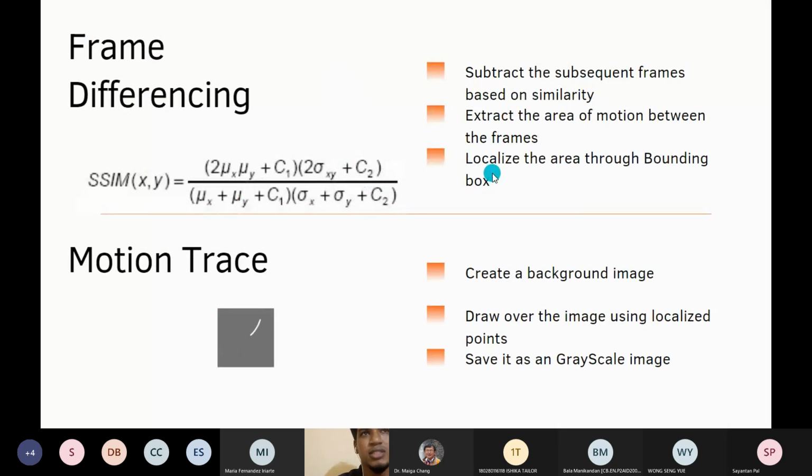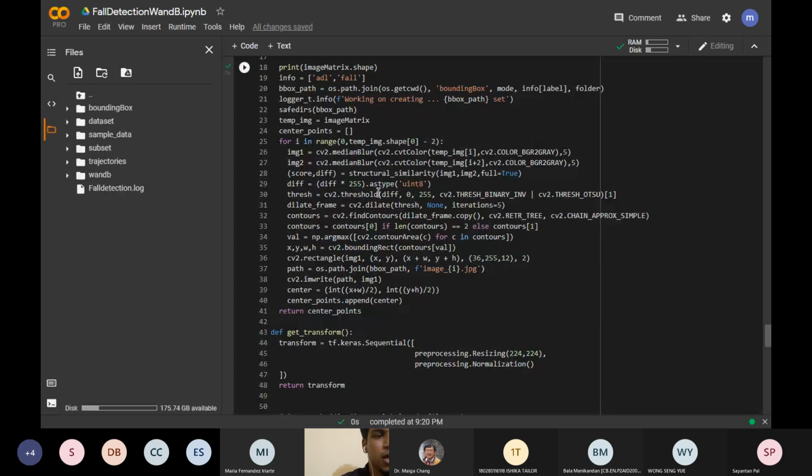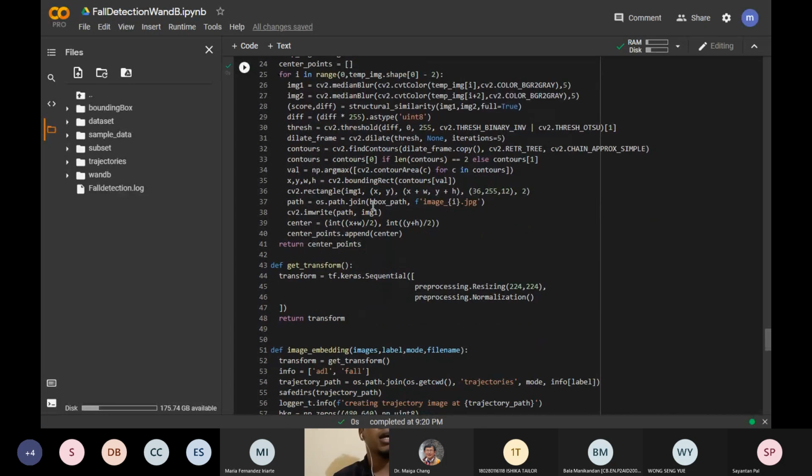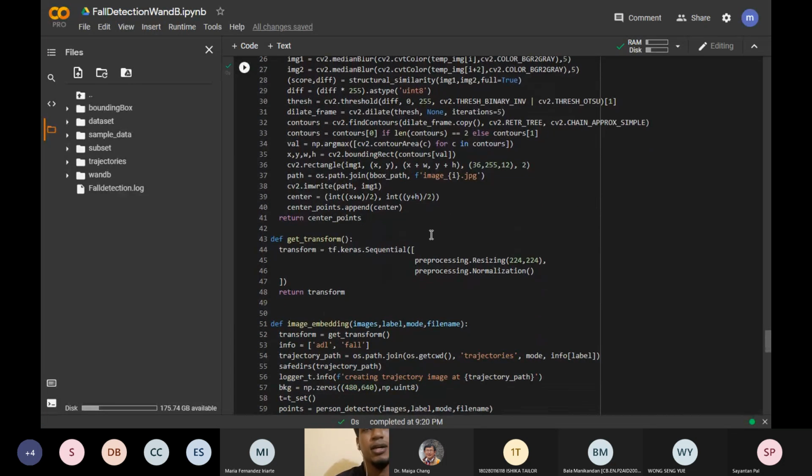Once we find the difference between the two frames, we can get the contour of where the motion happens. Once I find the contours, I'm drawing the bounding box around that contour, so I get the bounding box of most of the pixels where the motion happened.